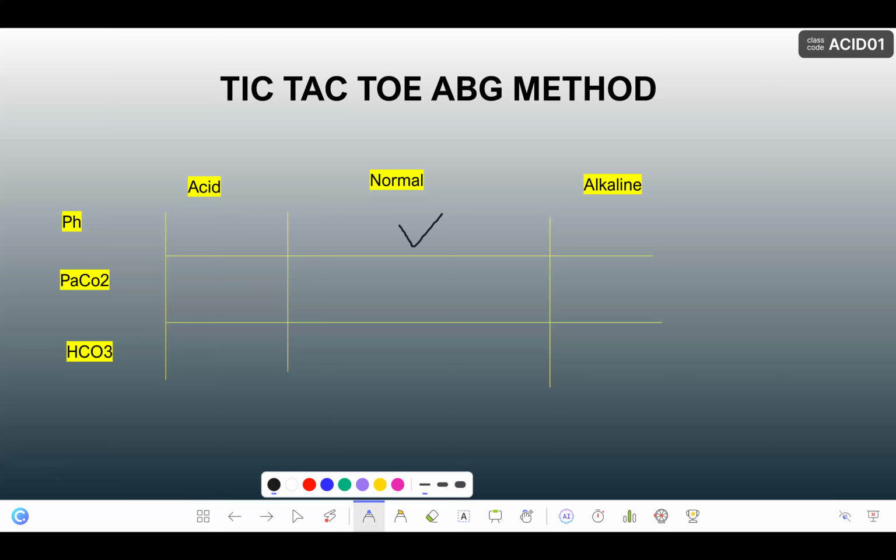Our PaCO2, which is going to be our respiratory system, that 50 is greater than 35 to 45. And so it falls into the acid category. Now we have to look at HCO3. HCO3 is 29. 22 to 26 is normal. And so we know that this is falling into the alkaline category.